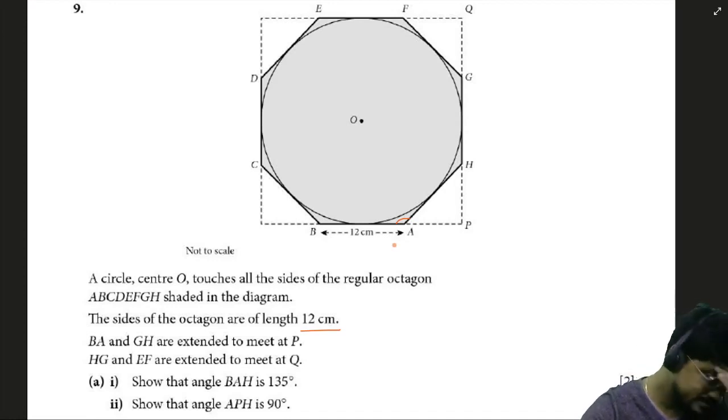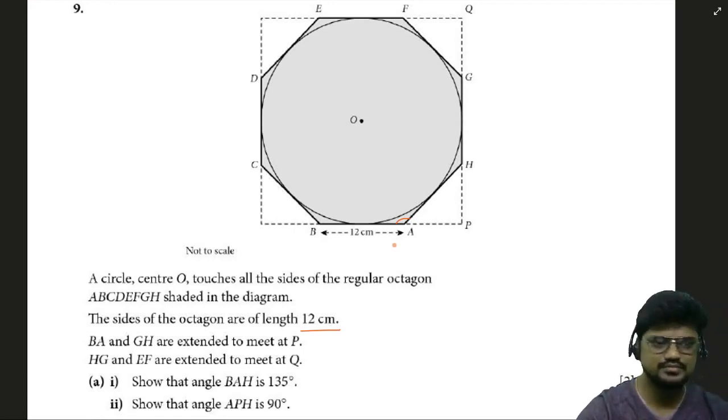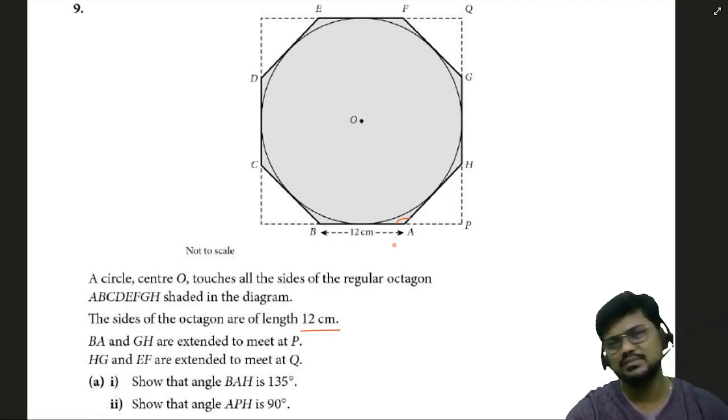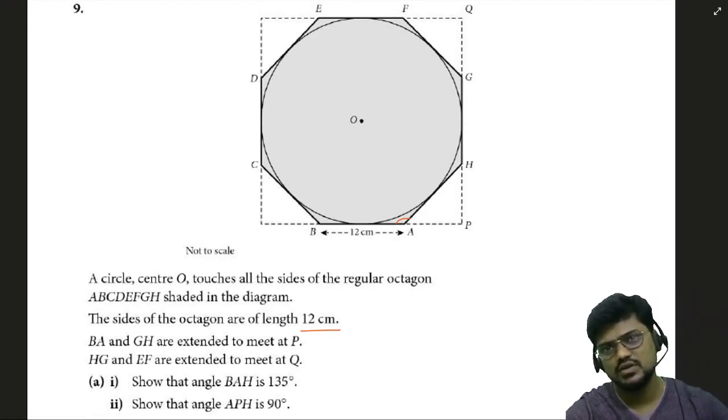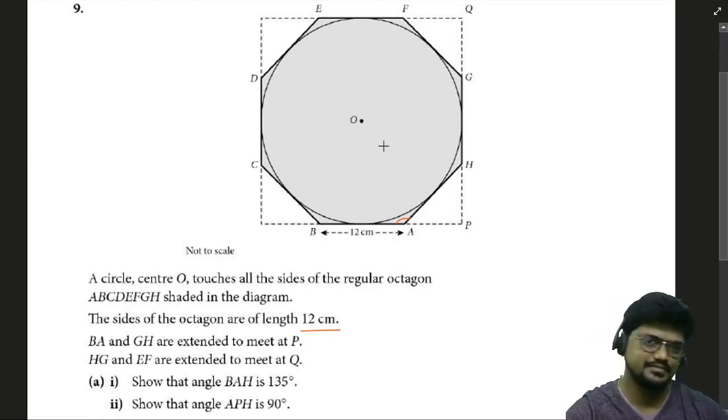Ashmi, do you know it? Sir, I think there's some formula. No, no, it's a very basic formula only. See what we can do. It's an octagon, right?